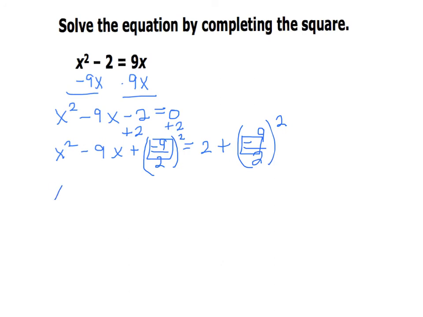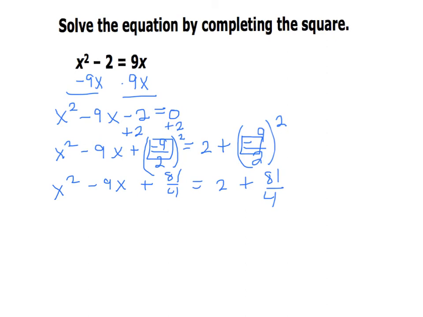So I will get x squared minus 9x plus 81 over 4 equals 2 plus 81 over 4.